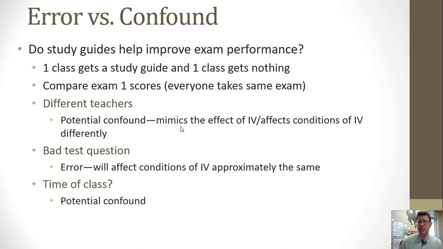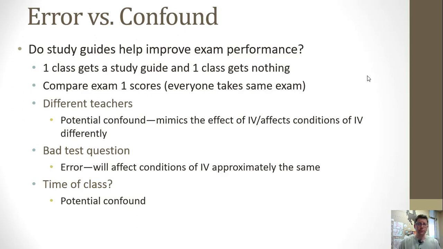So maybe the study guide group is at 11 o'clock in the morning, which is probably closer to where most college students are at their cognitive peak. Whereas the non-study guide class might be at 8 o'clock in the morning, which for most traditional college-age students is not their cognitive peak.